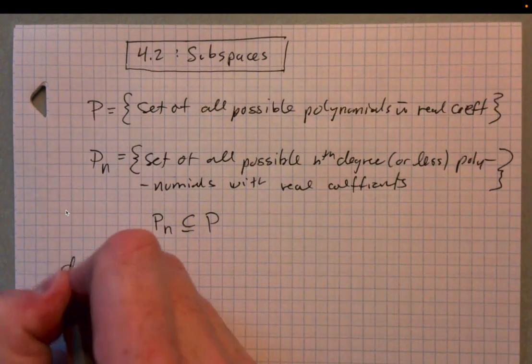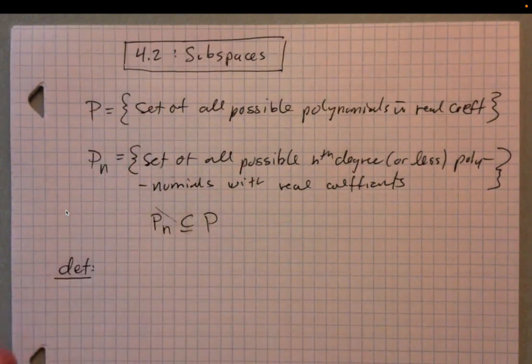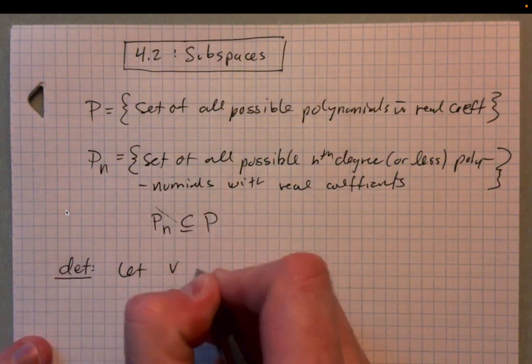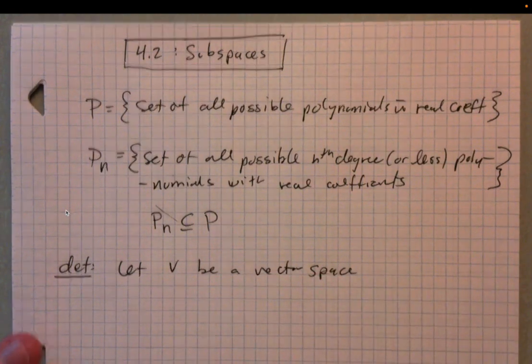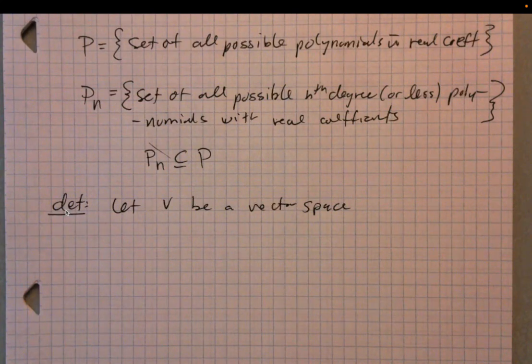So let's go ahead and define it, and then bring this example back in on the other side of the definition. So we'll let V be a vector space.